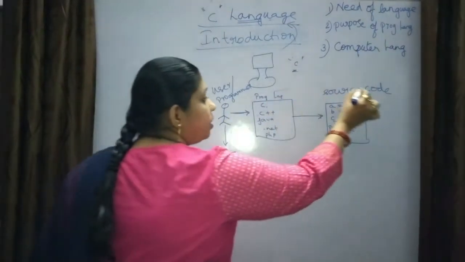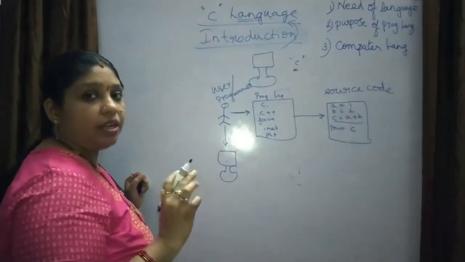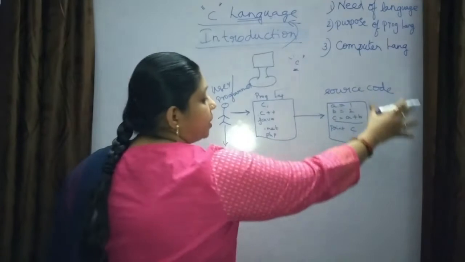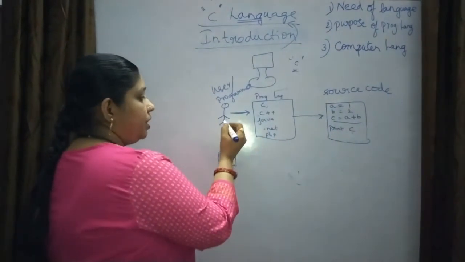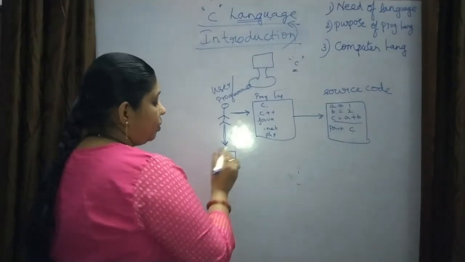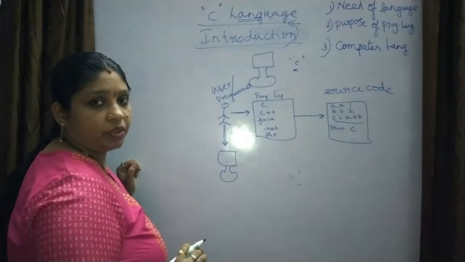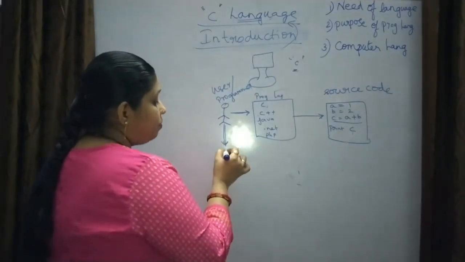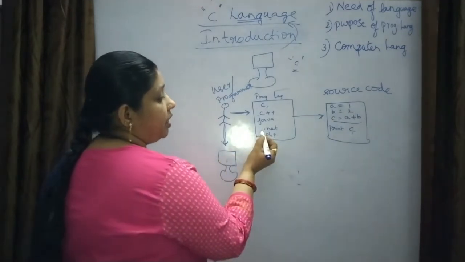But all these things will be going on in the background of the computer. Understand like that. What is happening in the background of the computer, I am explaining now. So he has given a question to the computer saying he wants some output. What is happening in the computer, I am explaining here.